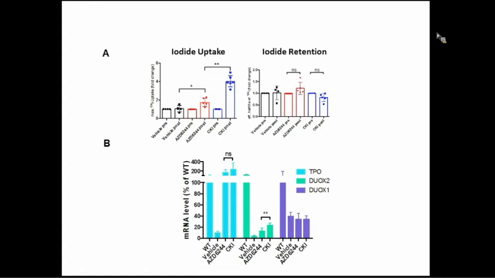But if you look at the iodine retention time, there's no change. And to get your maximal effective dose of iodine, you don't want it to go in and out. You want it to be incorporated into protein. The determinants of that, as I mentioned, are these enzymes. And these two particular enzymes, DUOX1 and DUOX2, are actually not restored by these drugs.